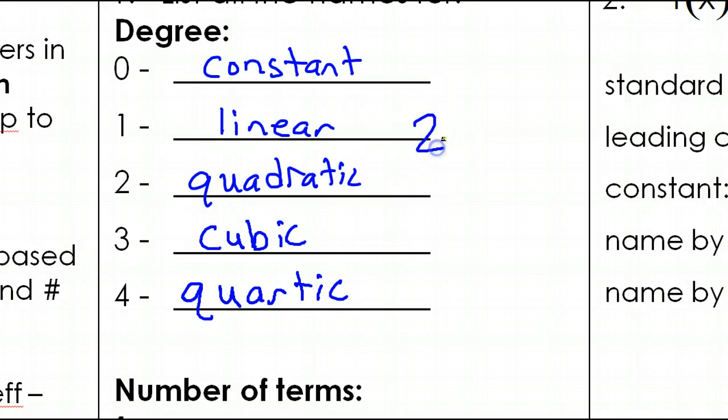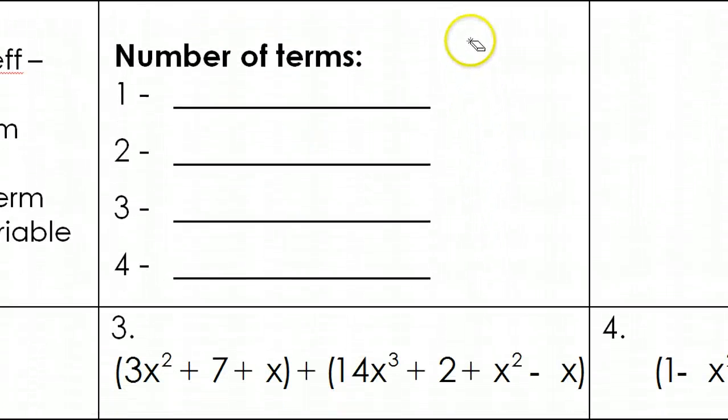So, if I have 2x to the third power plus 5x squared, the degree is 3 because that's the highest power, and that would make this cubic. All right, we can also classify according to the number of terms.